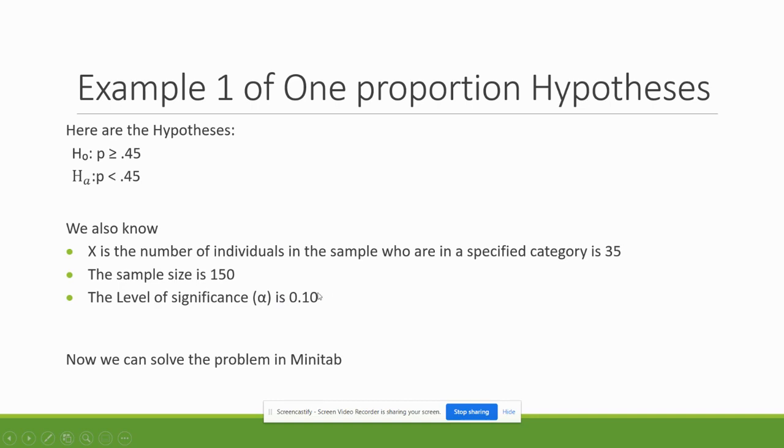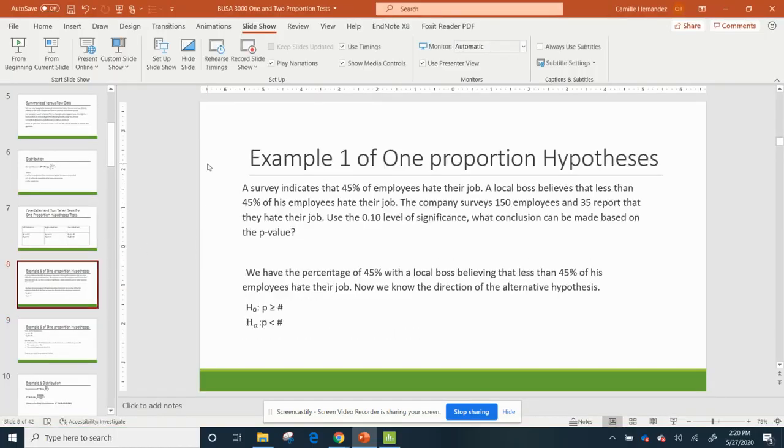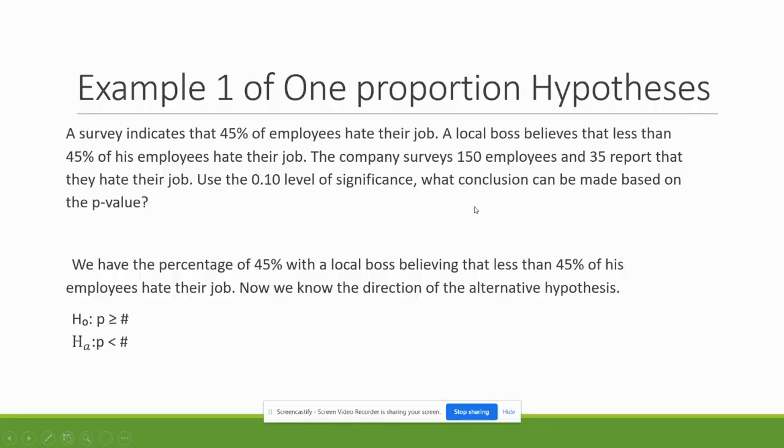I'm going to pop back up to my slide so we can look at it. From this previous slide, 35 reported they hated their job. Let me say that again: 35 out of the 150 said they hated their job. So that means 115 don't hate their job.